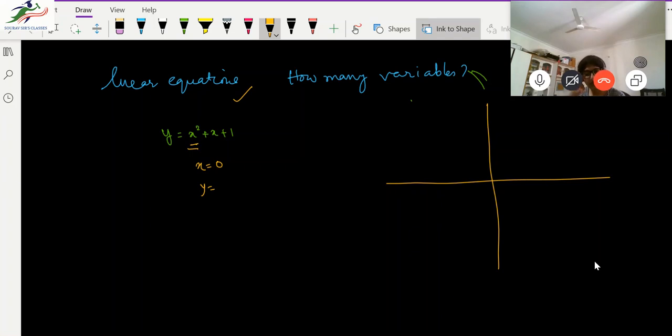Look at this. X equal to 0. Then y is equal to x square is 0, x is 0, but what about 1? Y is 1. So x0, y1 will be a point on the graph, right?